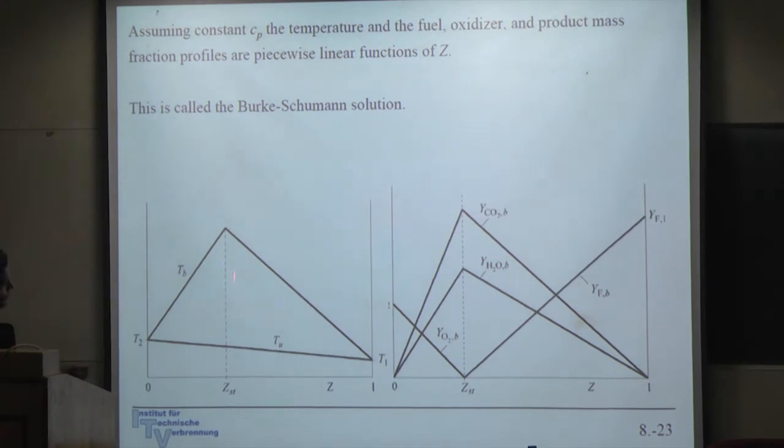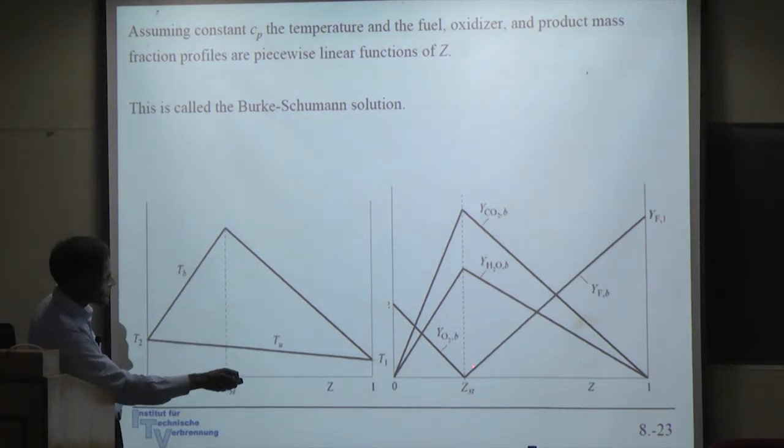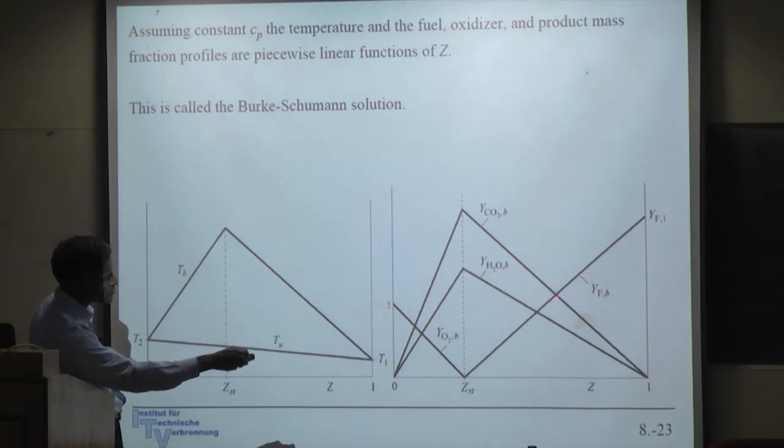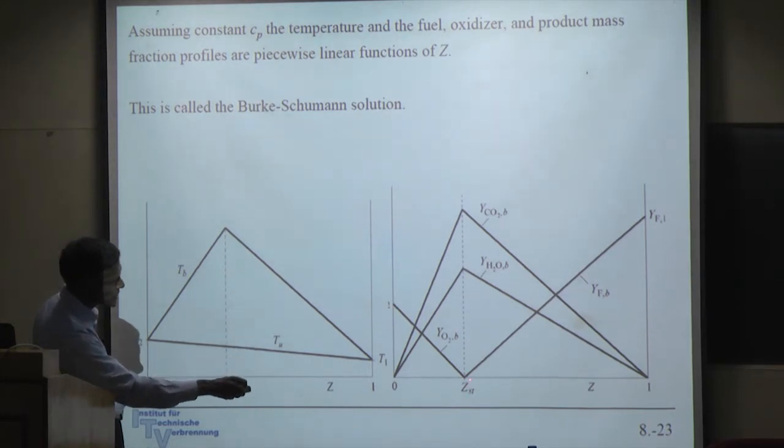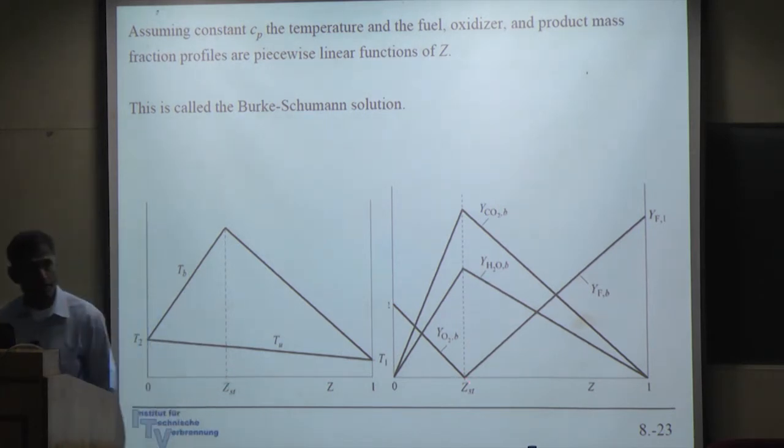This is the outer temperature profile, and the flame sits at Z_st, the same flame position that we had before. That's the flame temperature T_st. You can see that the fuel comes in here, flows this way, and goes to 0 at Z_st. That's the profile for oxygen. So they all disappear. This is the classical outer structure for the diffusion flame, right?